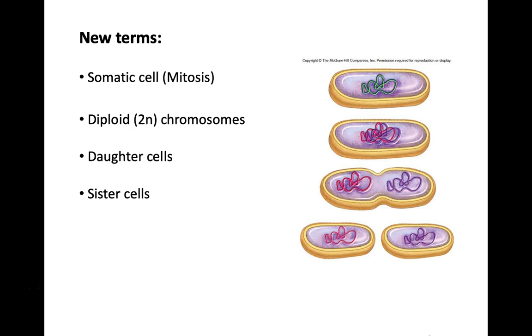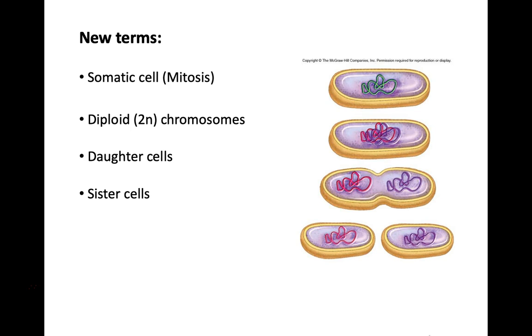And then a term that I didn't actually talk about, diploid. I'll come back to this, especially when we talk about meiosis and sexual reproduction. Diploid means that a cell has 2 copies of each type of chromosome. Those chromosomes come from one from mom and one from dad, one in the egg and one in the sperm.